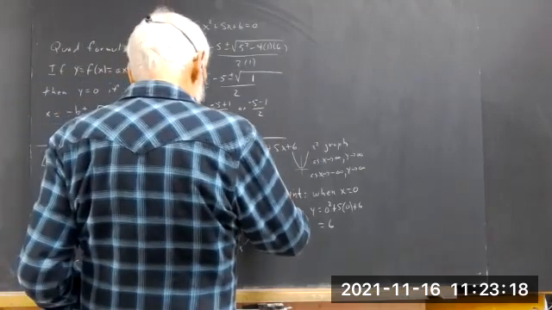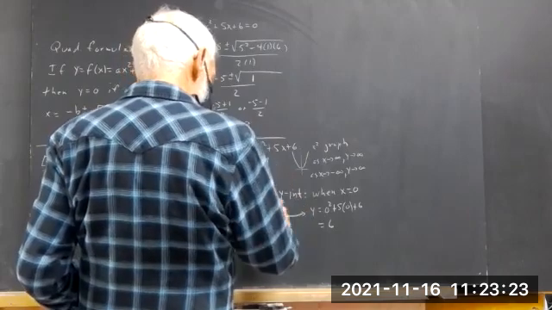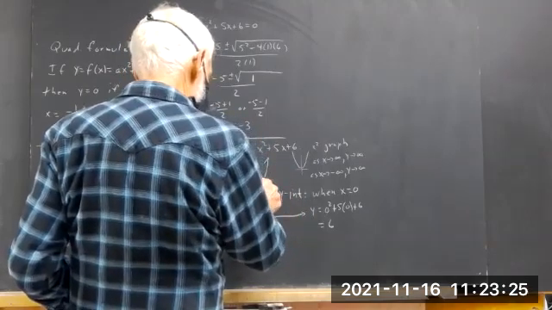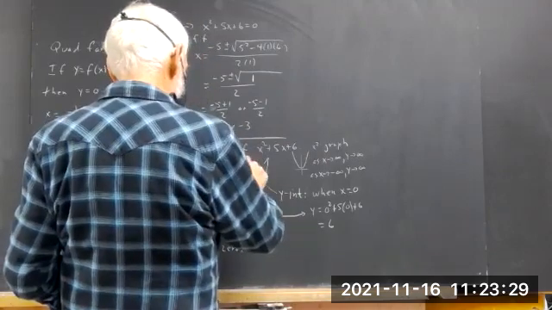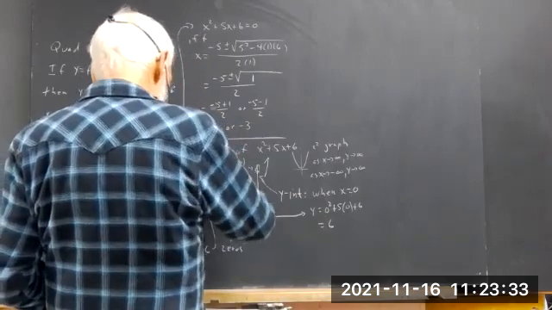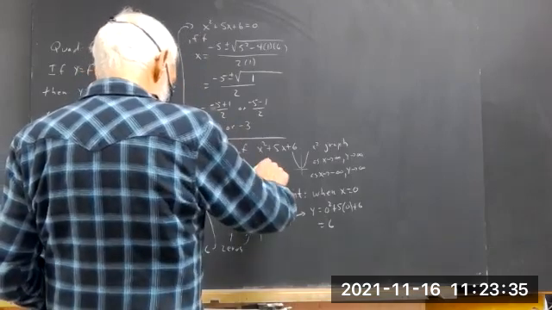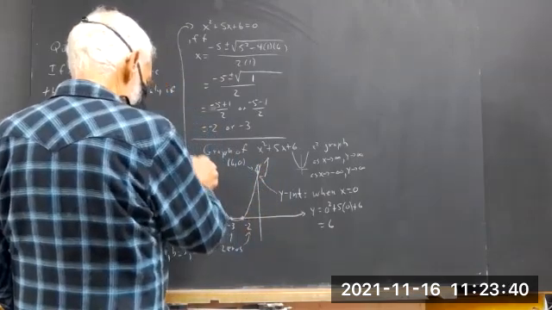So the y-intercept is at 6. So let's just say that's maybe here. And that's the point 0, 6. So the graph has to come down here, come down this way, through here and back up here.